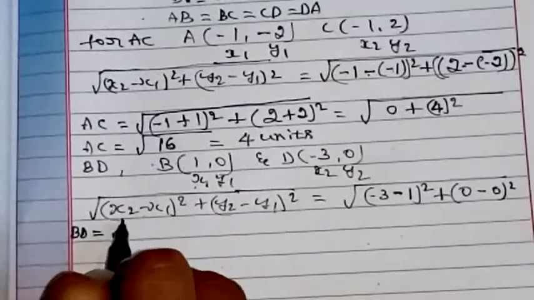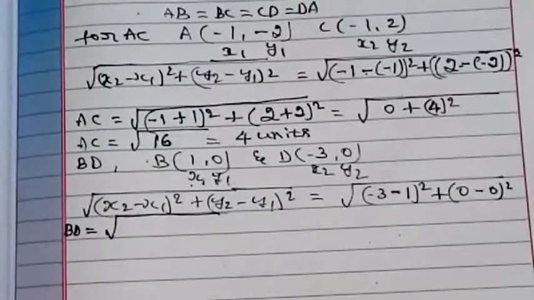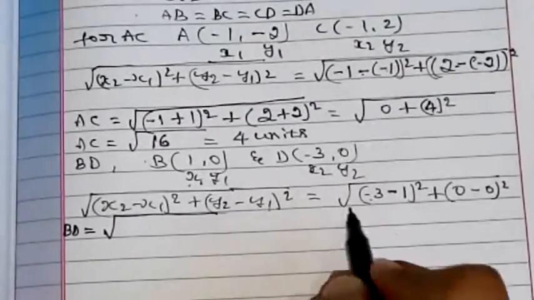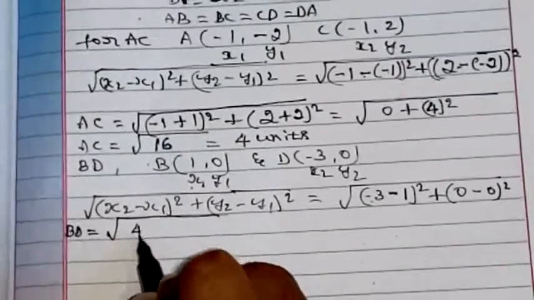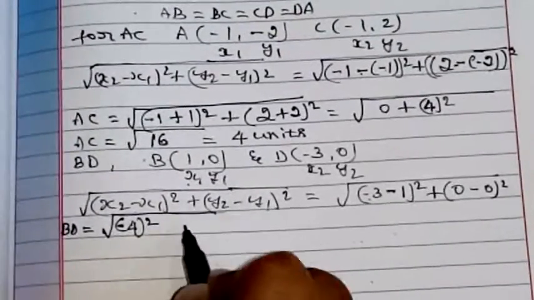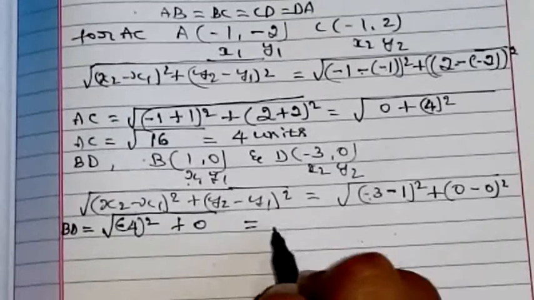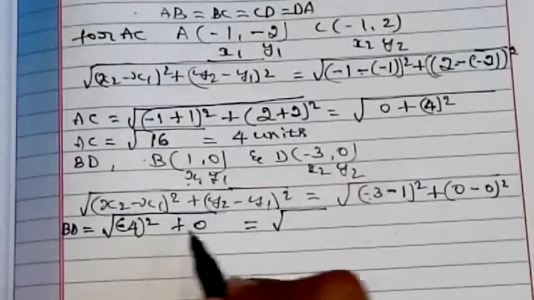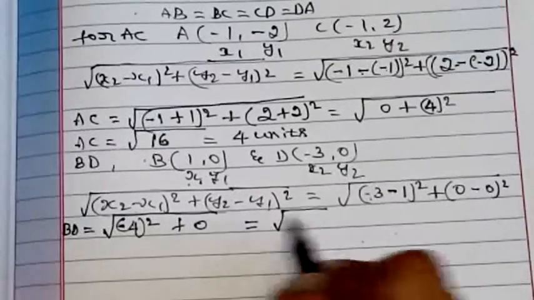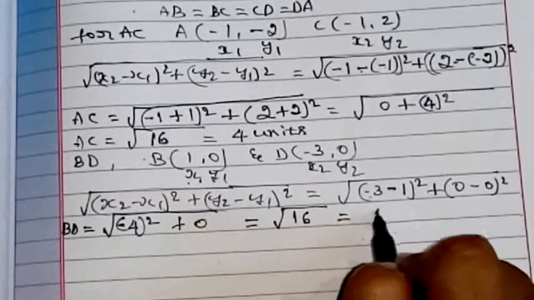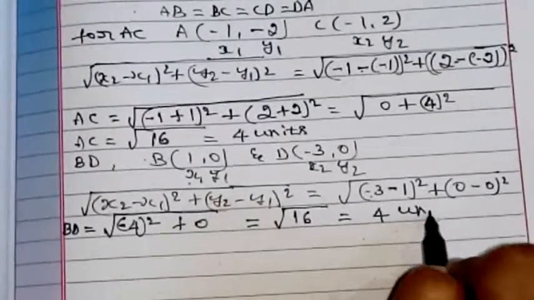BD is equal to square root of minus into minus, what is that? Plus. So you need to add. So 3 plus 1 is 4, and the sign of the bigger number is minus. So minus 4 whole square plus 0. Any minus square will be plus, so minus 4 square is plus 16. The square root of 16 is 4 units, right?